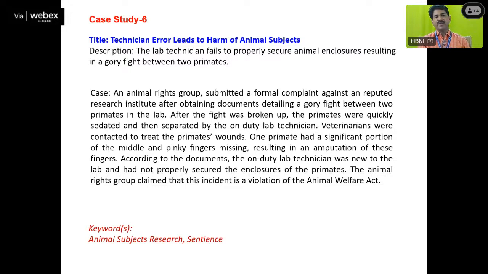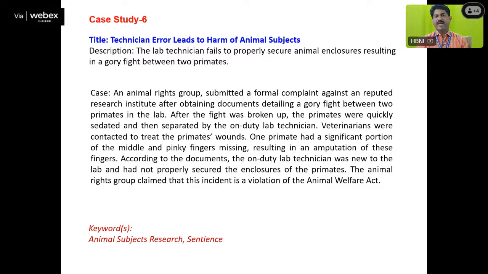So in this particular case, what happened? Different animals were used for the experiments, and during that period, the lab technician was new, and he left the primates together, meaning the animals together, and there was a huge fight between the animals, and there were some wounds, and a few fingers had to be amputated for a few animals.